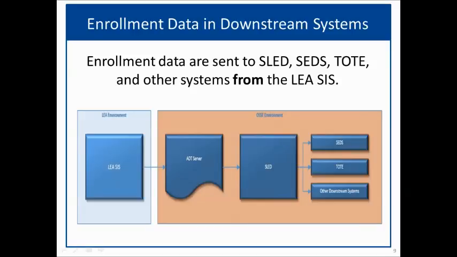So the graphic that you have in front of you shows how the data flows from your SIS and then through the ATT server for most LEAs, and then down to SLED. That's the first stop on OSSE's side in terms of you being able to view your data in one of OSSE's environments. And then from SLED, in the next business day, provided there are no data errors preventing the feed, it will move to SEDS and then those other downstream systems such as TOTE and CLIC and so on.